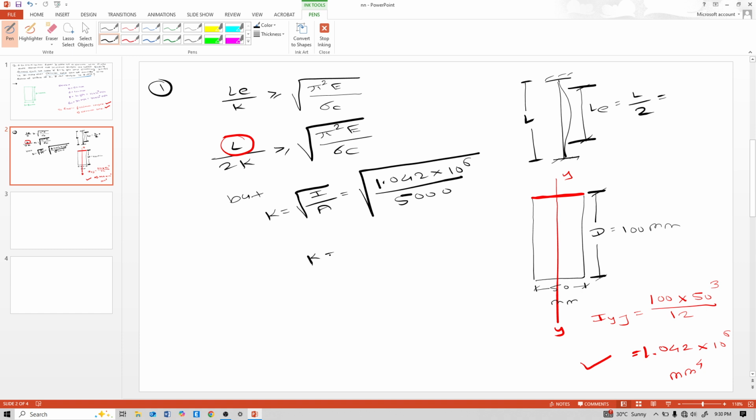So this K is 1.042 into 10 raised to 6 divided by 5000, and the root of that is 14.43 mm. Remember the unit of radius of gyration.